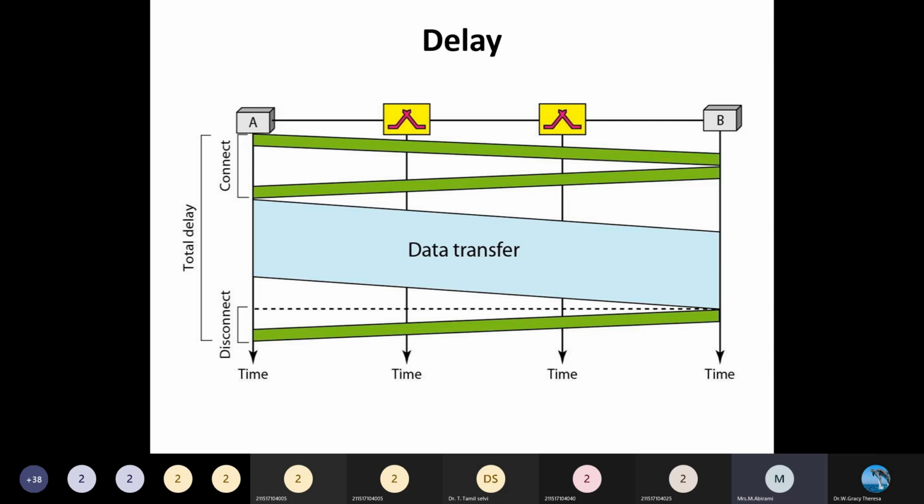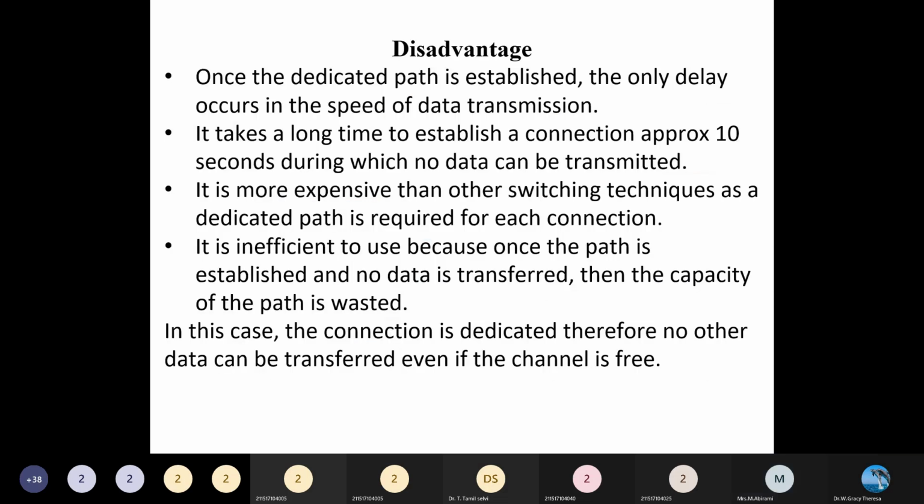Okay, so the delay in this type of network is totally minimal. So during the data transfer, the data are not delayed at each switch. So the resources are allocated for the duration of the connection. So all the resources are allocated during the time when the data is not transferred between one source and another destination. So automatically the data will be delayed in communication.